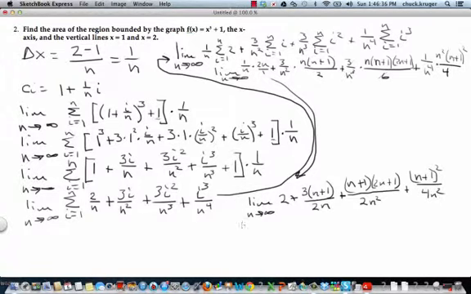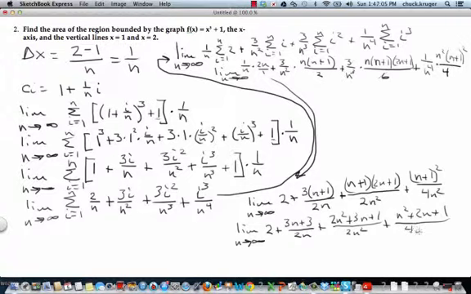Alright, so this gives me a limit as n goes to infinity of 2 plus (3n plus 3) over 2n, plus (2n squared plus 3n plus 1) over 2n squared, plus (n squared plus 2n plus 1) over 4n squared.